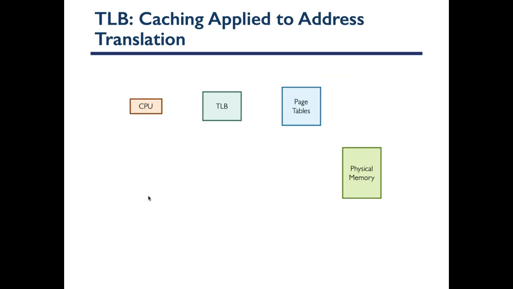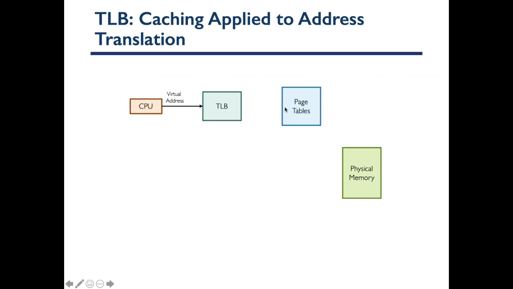Okay, so to put everything together, this is now what we're going to have for address translation. We have our physical memory. We have our page tables. This could be multiple levels of page table. And now we're going to put this cache, the TLB, between our CPU and our page tables.